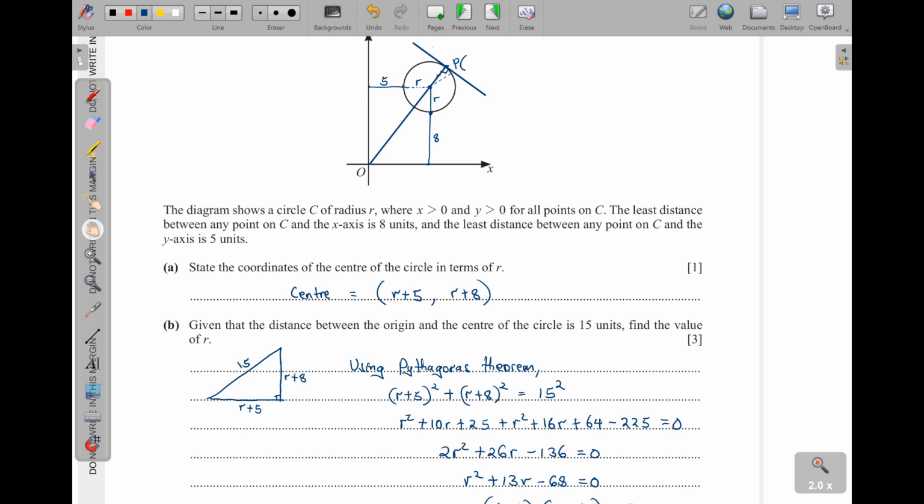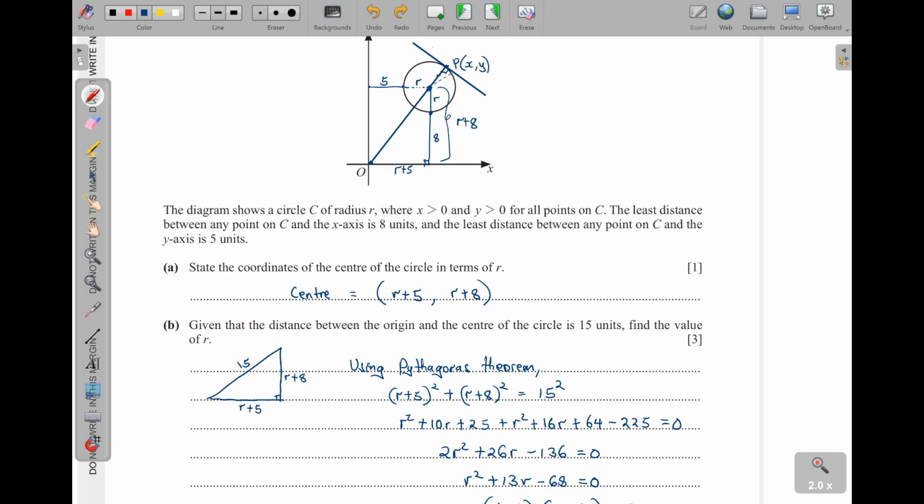First of all, we don't know the value of x and the value of y here. The gradient between any two points on a line is always constant. So if I use this line up to the center, this one is r plus 5 and this one is r plus 8. The gradient is this one divided by this, the same for this whole line.